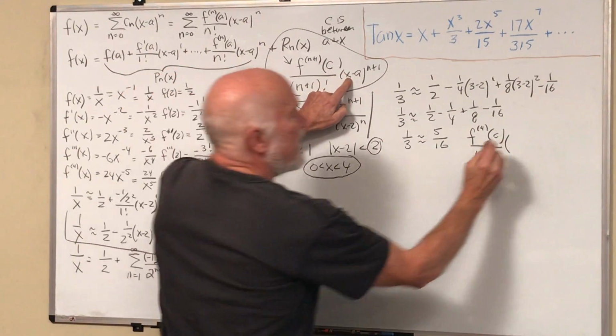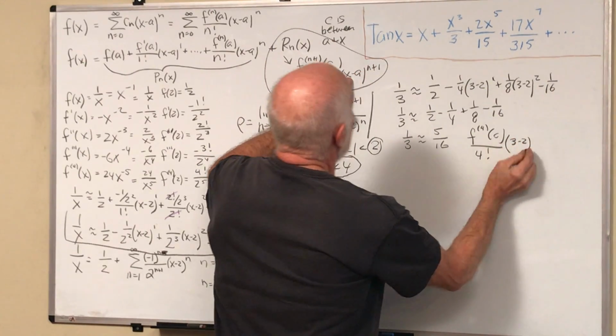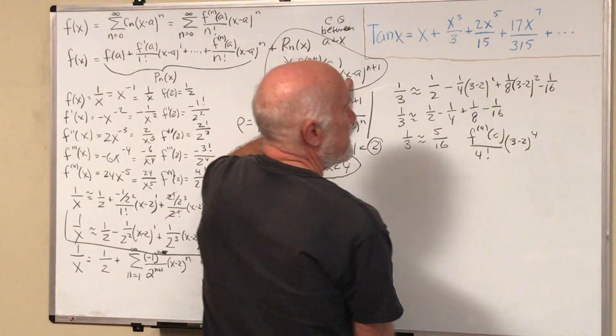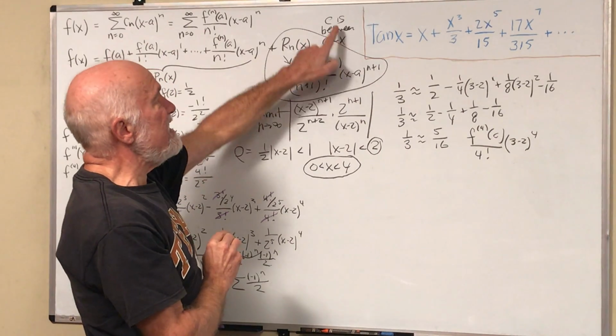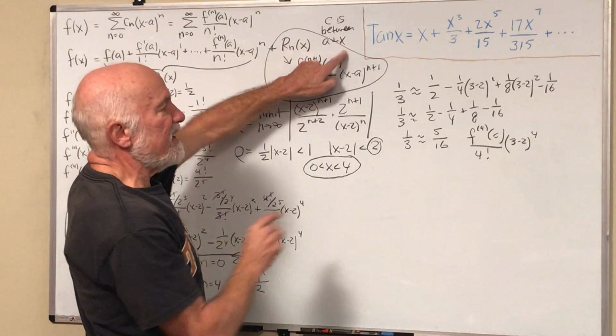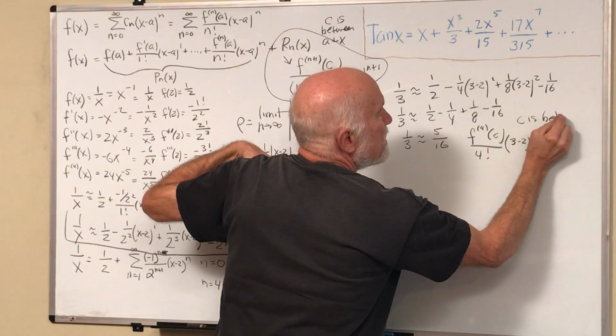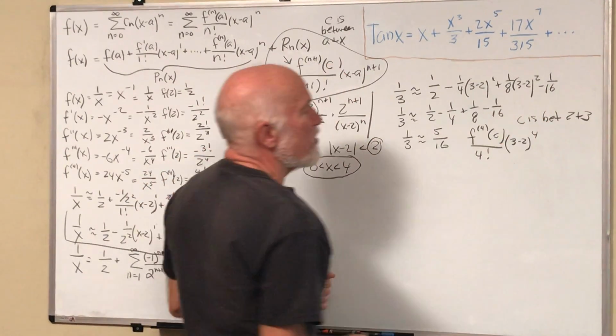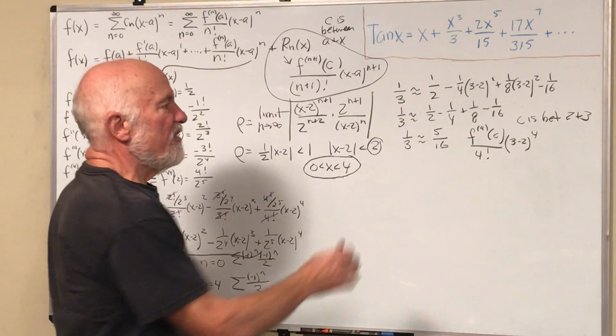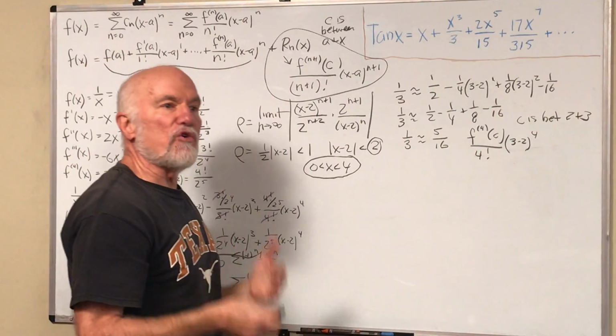Well, that's 3 minus 2 to the 4th power. And what do we know about c? c is between a and x. c is between 2 and 3. And we're never going to know what c is. This is the exact error, but we don't know what c is.